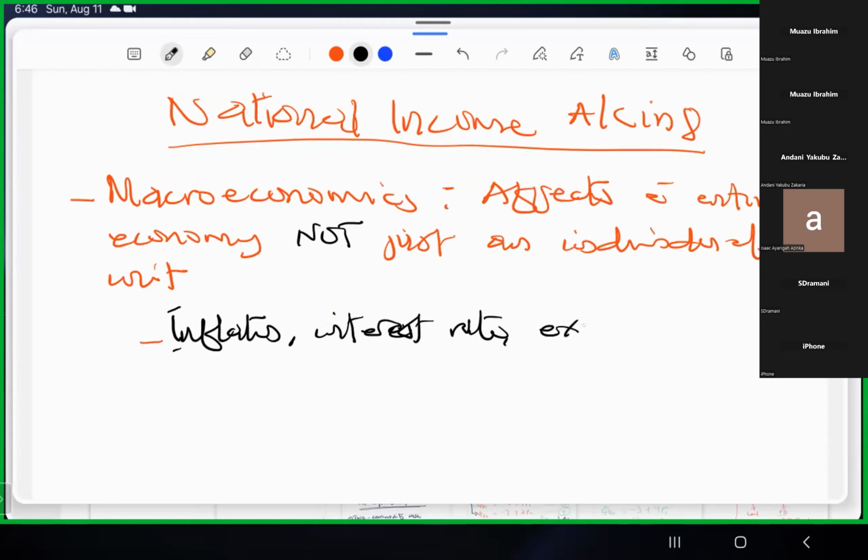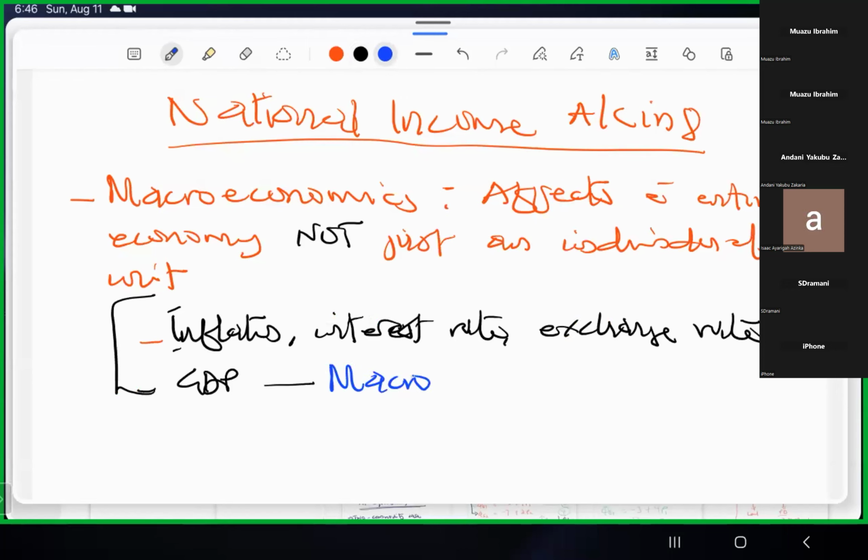Exchange rates are also a macroeconomic variable. GDP, which we'll be talking about more in today's lecture, is too. All these are what we call macroeconomic variables, and they affect the entire economy.